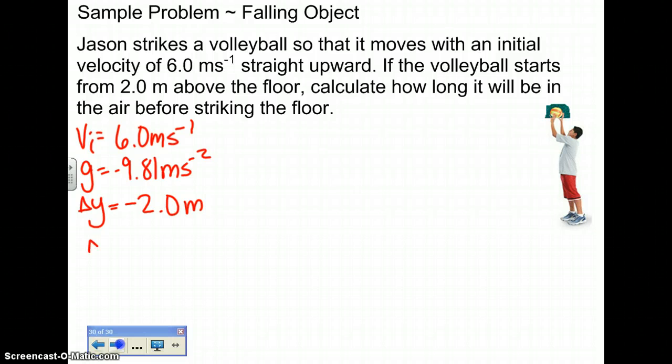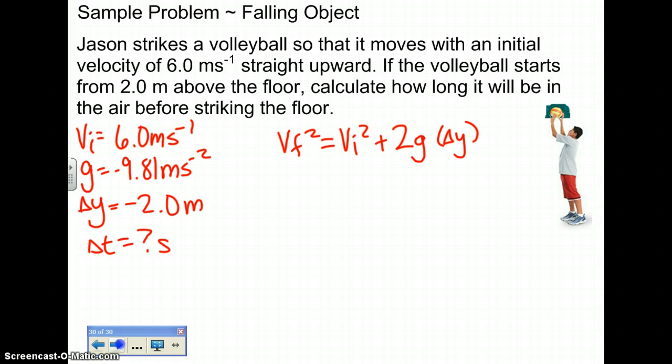So from that, you want to figure out your delta t, in seconds. Use your vf squared equals vi squared plus 2g delta y equation. Rearranging this and plugging into it, I want you to try that, okay? You're going to get a final velocity of negative 8.7 meters per second.